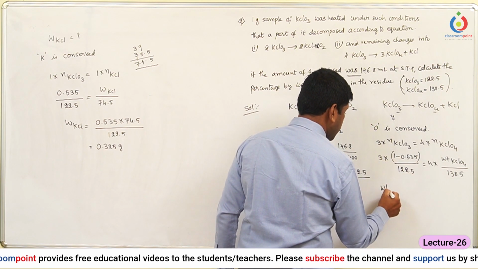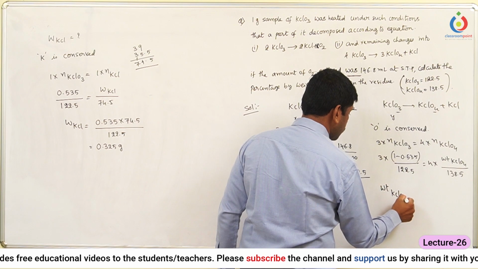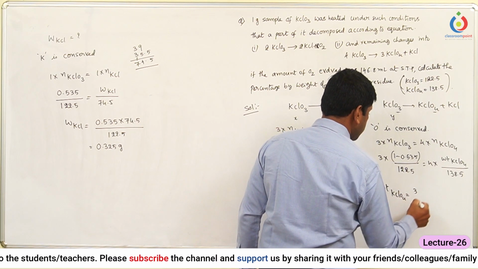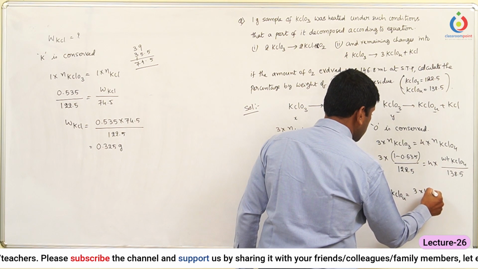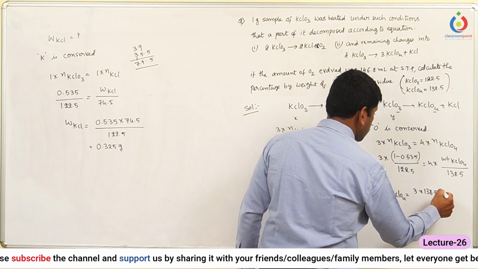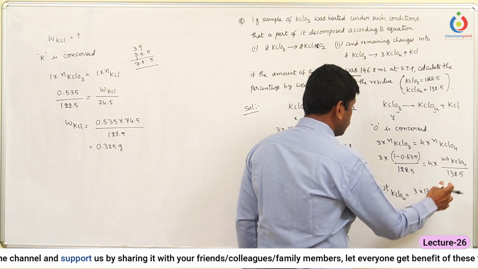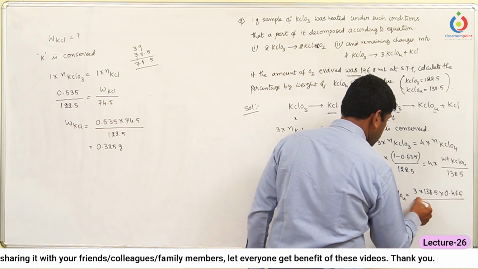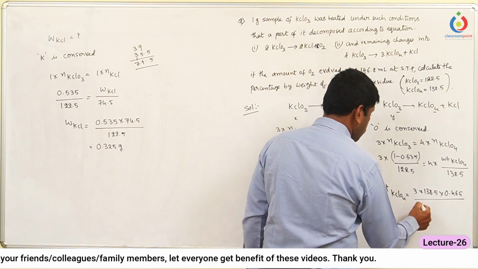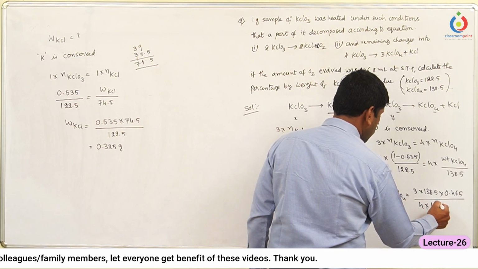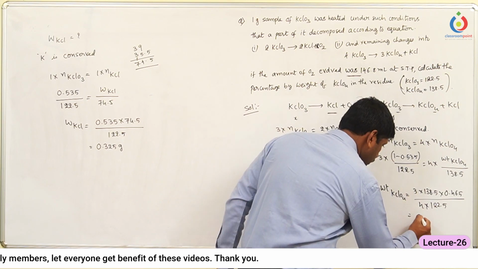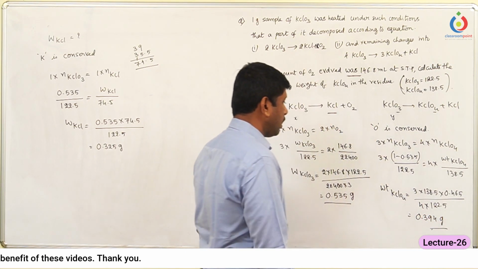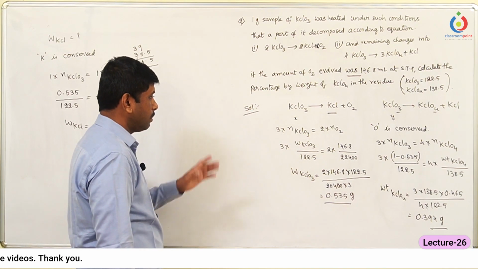So the weight of KClO4, doing the cross multiplication, is 3 into 138.5 into 0.465 divided by 4 into 122.5, which is 0.394 grams of KClO4 produced.